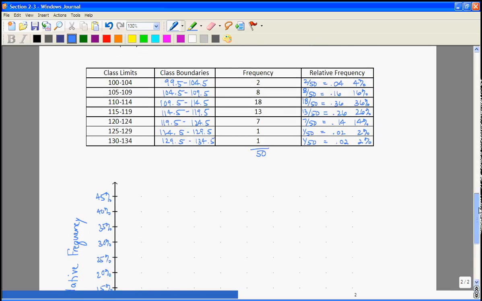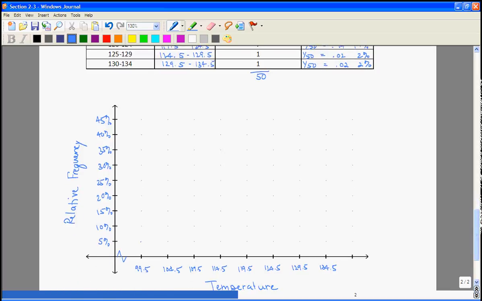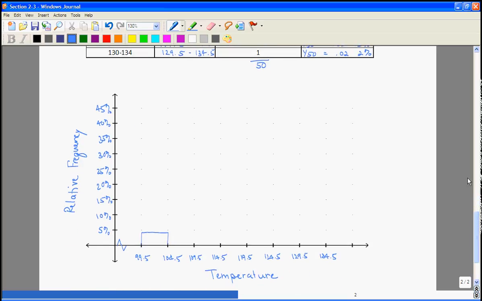So in that first class, we have 4%, so just a little bit under 5. And then 16%, a little bit above 15.